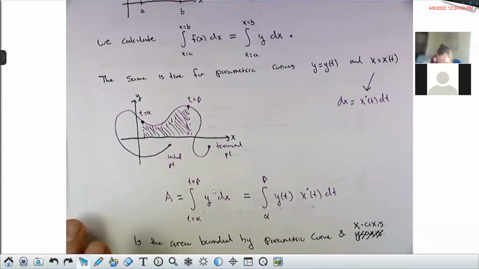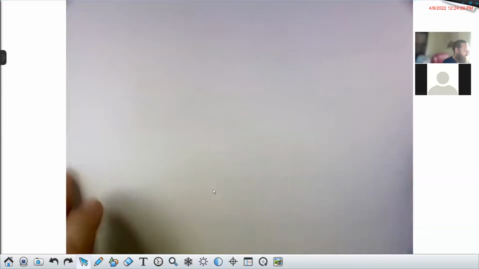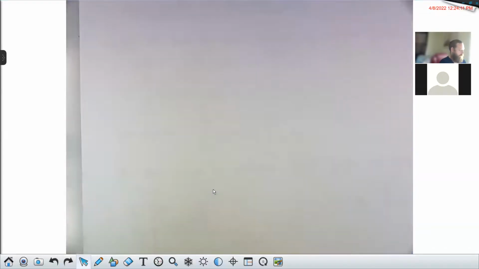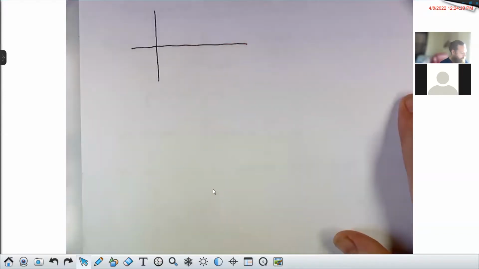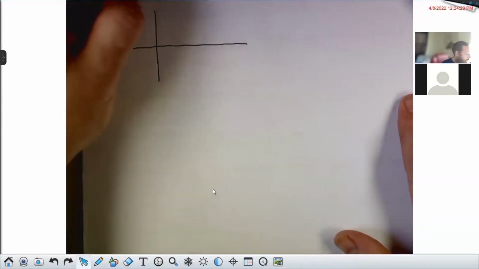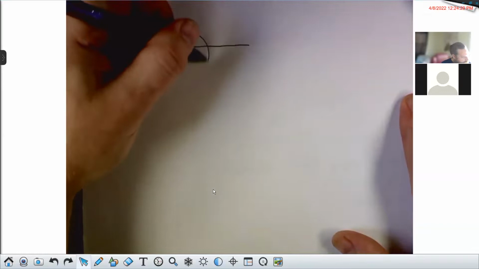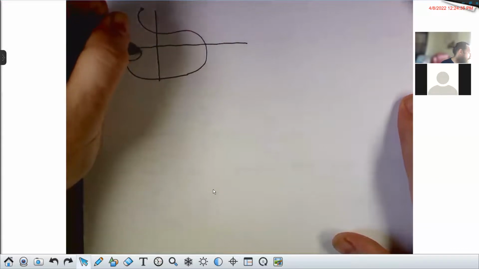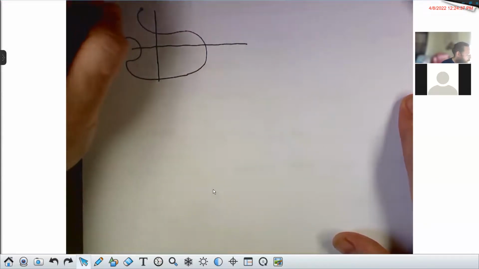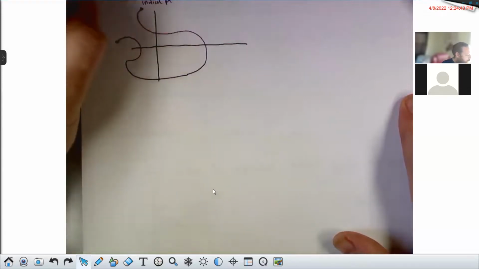There's a similar looking recipe to find the area bounded by a parametric curve and the y-axis, and I'll draw you a picture. I have a parametric curve. I'm doing something like this. Who knows? Could do whatever. Initial point here.